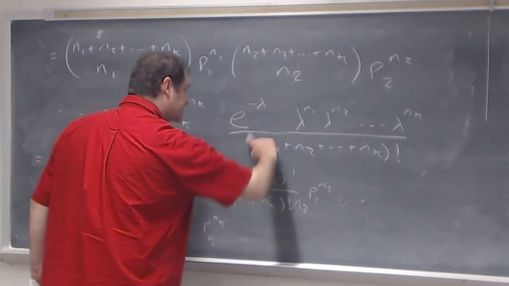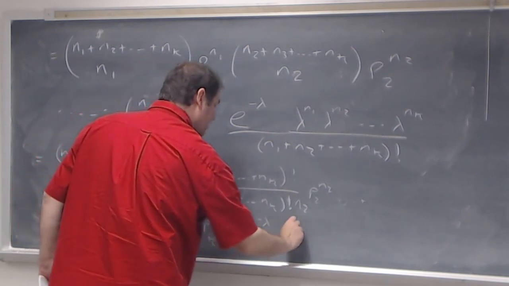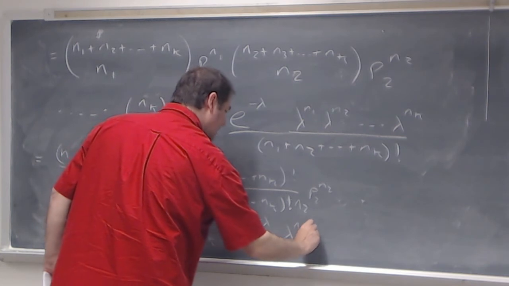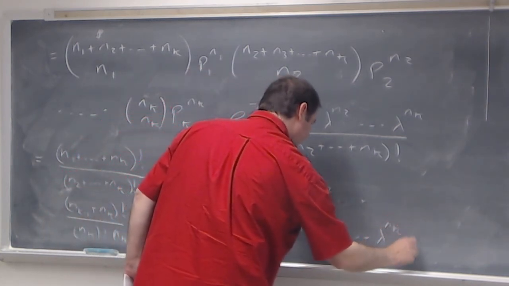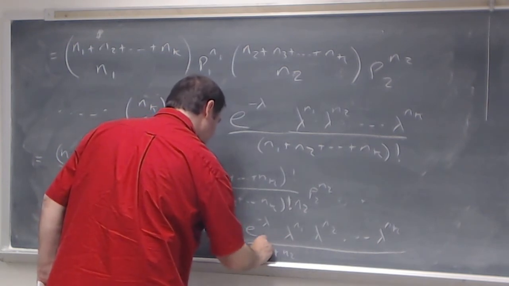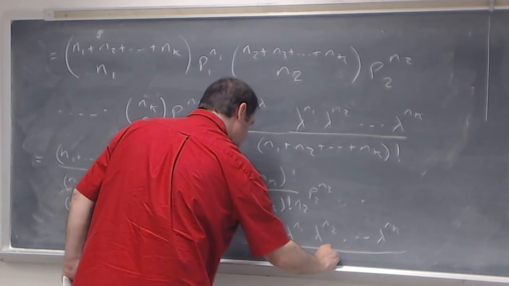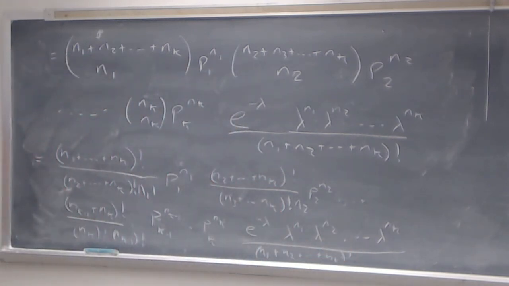And then here we have the same quantity, e to the minus lambda, lambda to the n sub 1 times lambda to the n sub 2 times lambda to the n sub k, all over n sub 1 plus n sub 2 all the way up to n sub k factorial. What happens is that there are a lot of cancellations between the factorials.